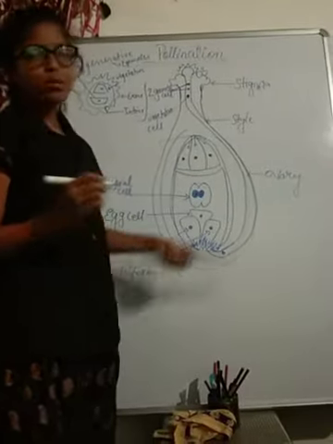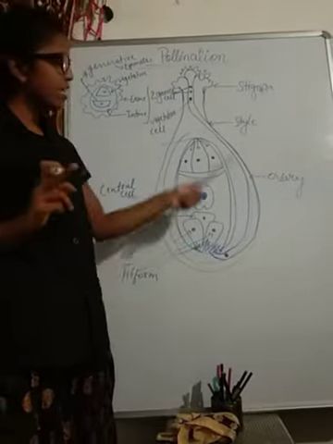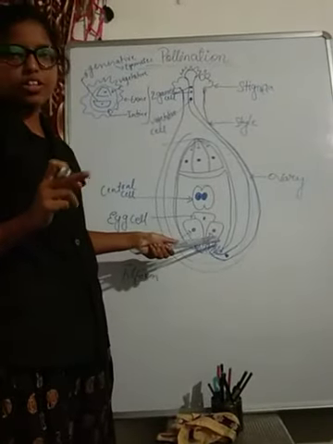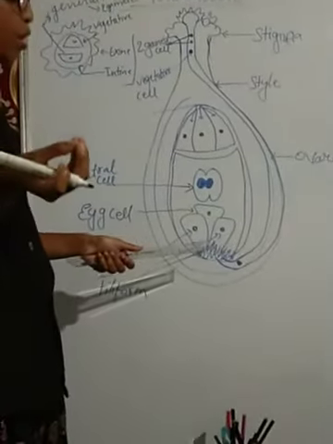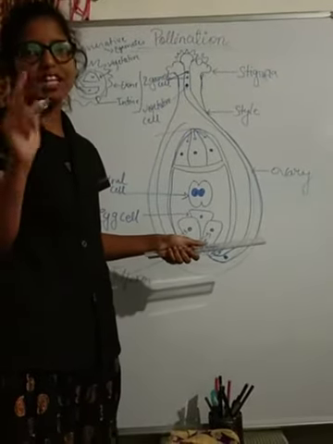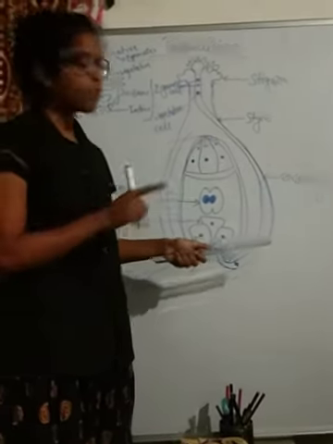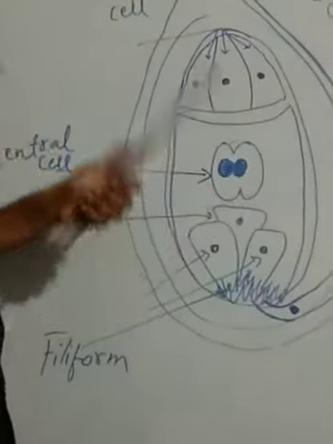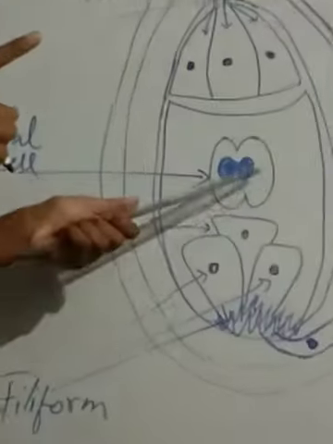Once again, the vegetative cell degenerates either of the synergids so that space is obtained for the entrance of the gamete cells. Two gamete cells were there. One of the gamete cells will fuse with the egg cell, and the other will fuse with the central cell.